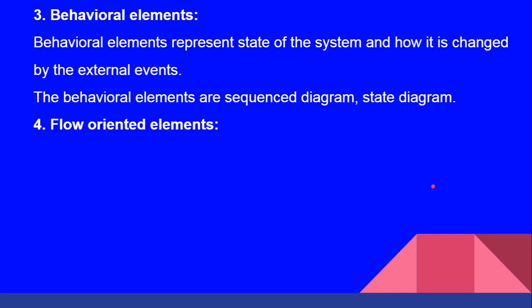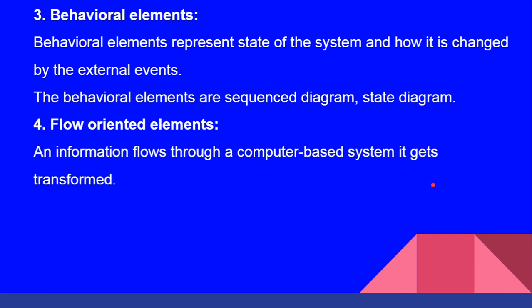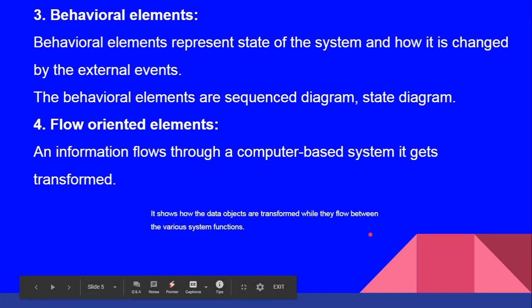And then there are the flow oriented elements, where every process is based upon the computer based system which transforms the system from one state to the other state using the flow of information, which converts the system from one stage to the other stage.